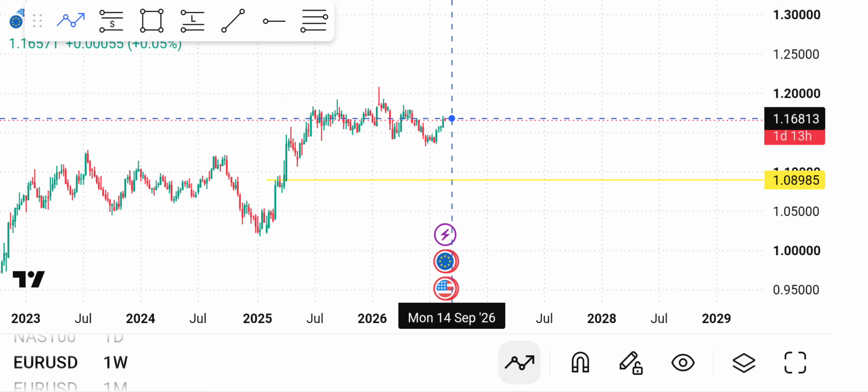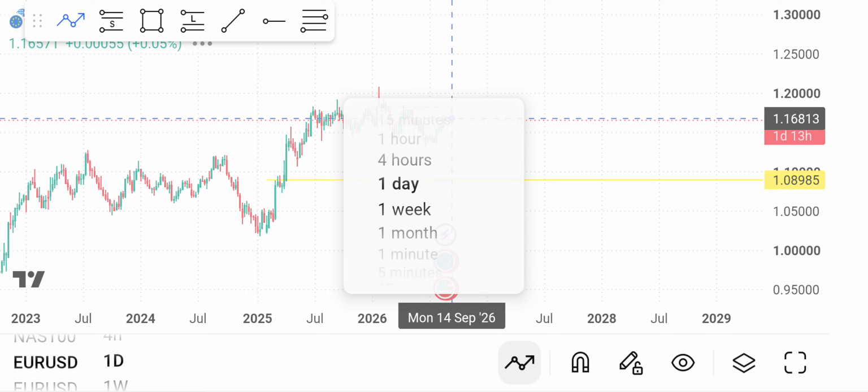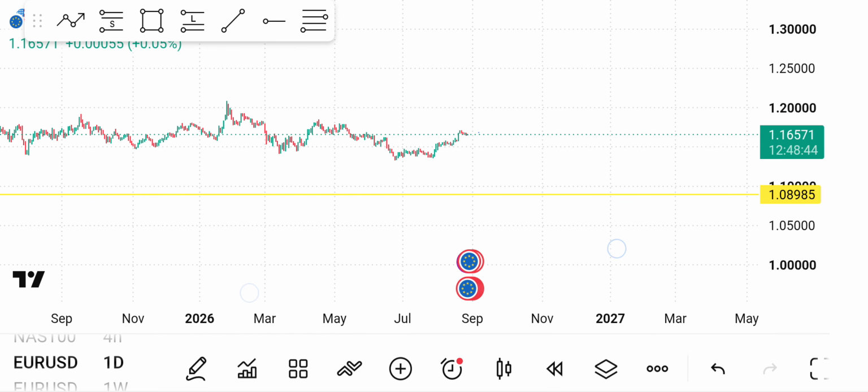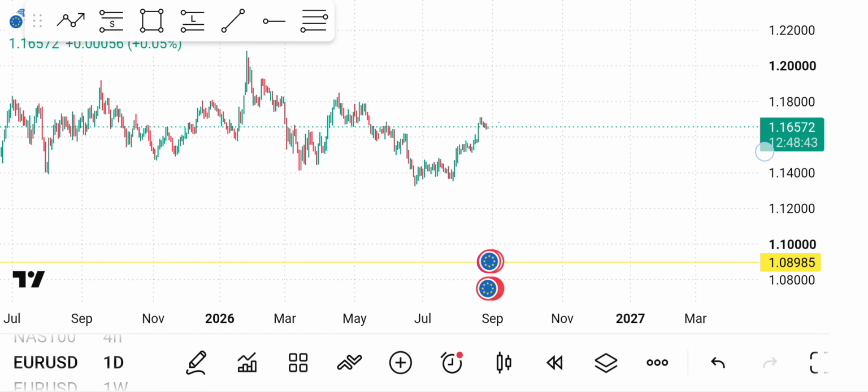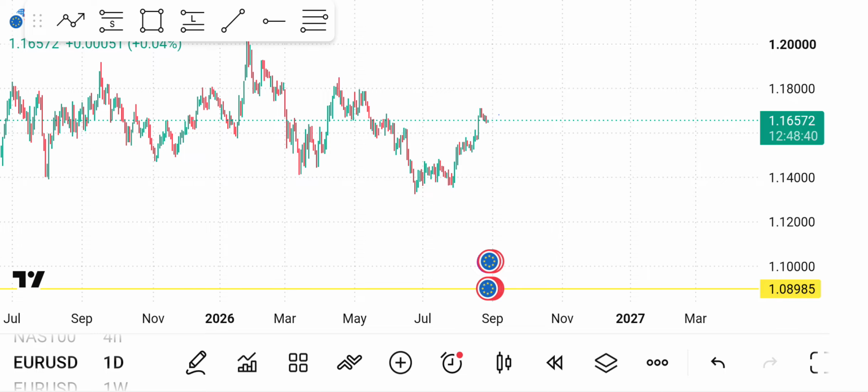So we'll now go to the daily. Remember each time frame: the higher the time frame, the stronger. Monthly controls weekly, weekly controls daily, daily controls 4 hour, 4 hour is stronger than 1 hour, then 1 hour is stronger than 15 minutes.